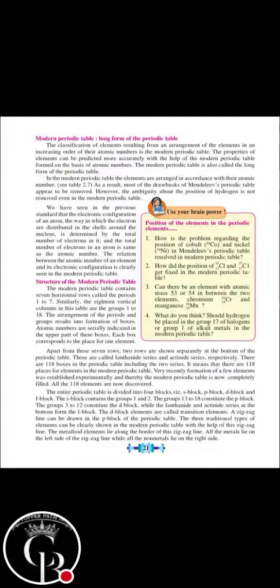The neighboring elements within a period differ by a slight amount in their properties, while distant elements differ widely in their properties. Elements in the same group show similarities and gradation in their properties.